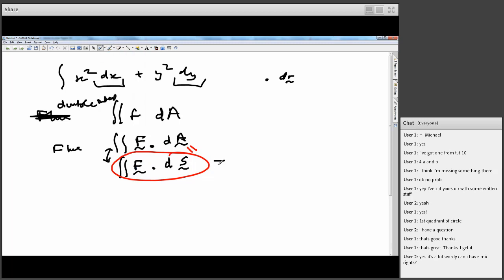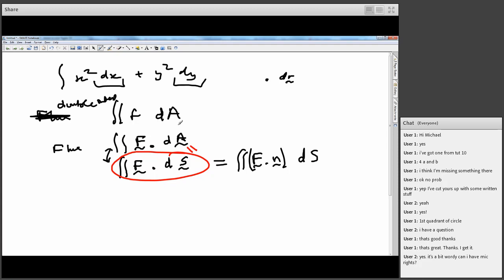This is code for saying I'm really adding up the component of my vector field in the direction of the normal, and I'm adding that up over the entire surface area. And so I write down, say, dS here to indicate the whole surface area. I could say A for area, and that's what it is, just adding up bits of area. But just to give a sense that often they can be curved, and therefore we have to handle it in different ways, I write down dS to indicate that curved surface area, S for curved surface area.